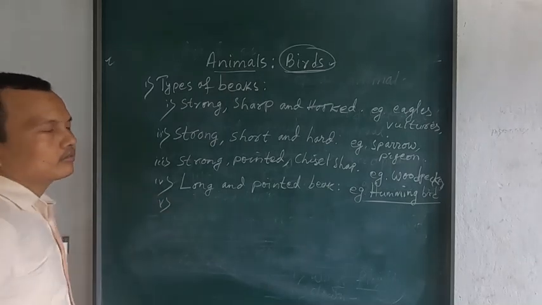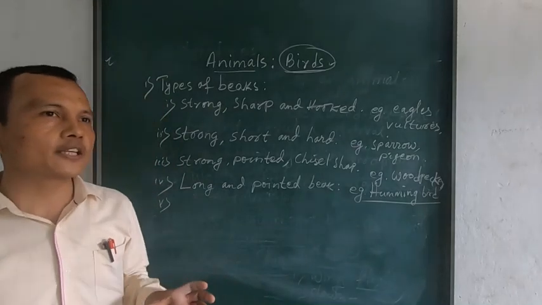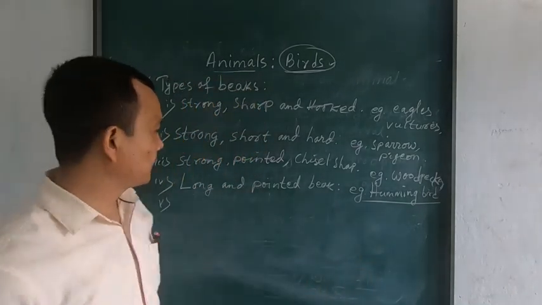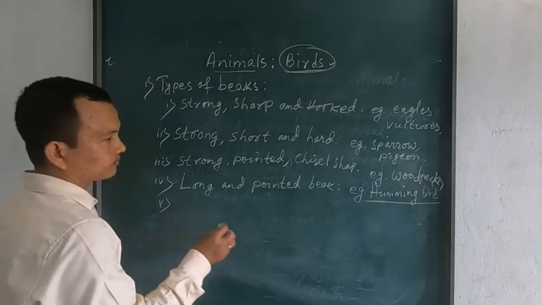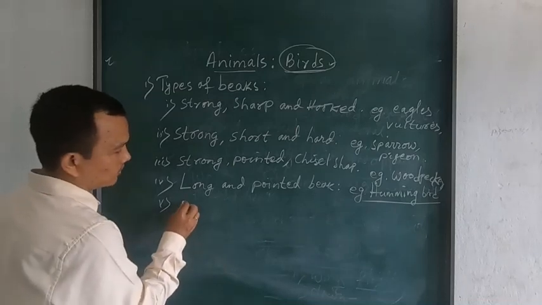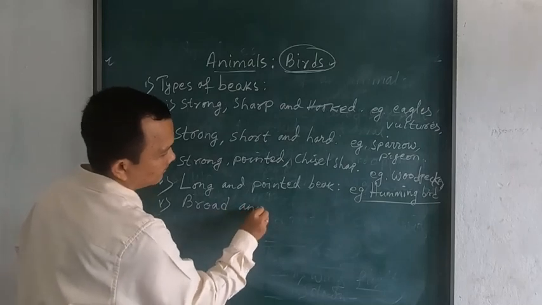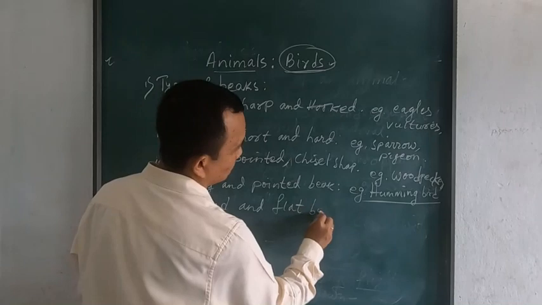And fifthly, we can also see a very unique type of beak which is found in birds like the duck or swan, which have a broad and flat beak.